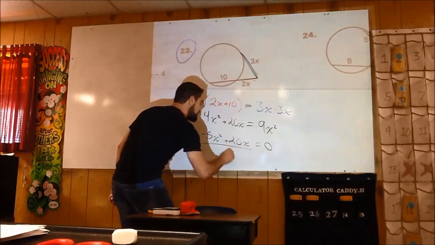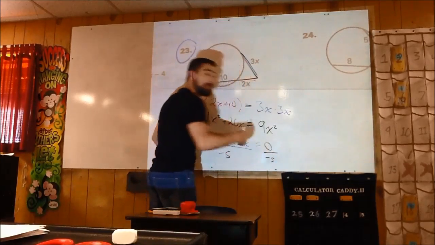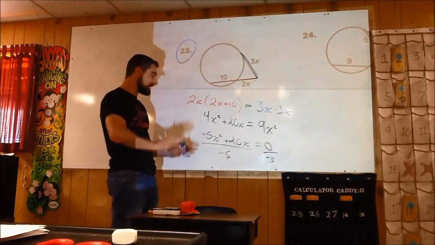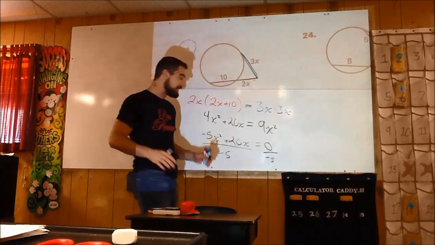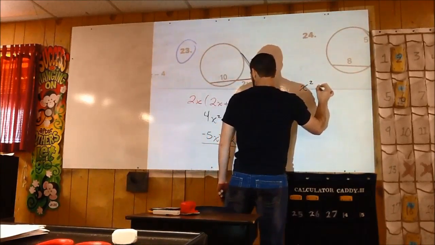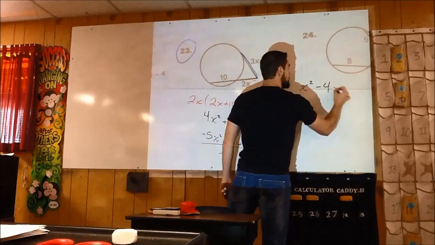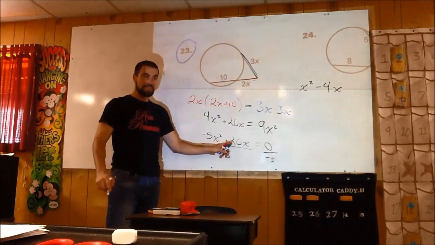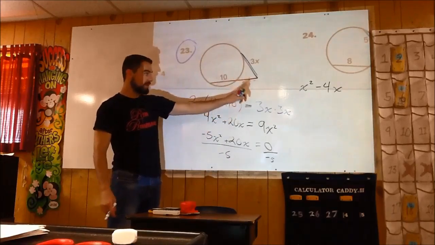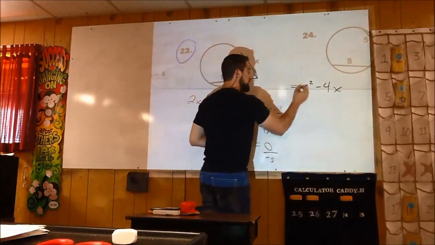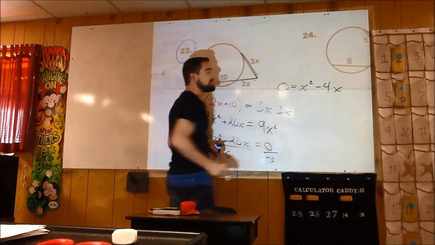Now when you guys get to Algebra 2, you're going to learn new methods of how to factor these and how to get the solutions. But we're going to stick with this one, make sure that the leading coefficient is a positive 1. So I'm going to get x squared minus 4x. So you see that? x squared and then positive 20 divided by negative 5, that's negative 4x. Okay. And we have already had this thing set equal to 0.